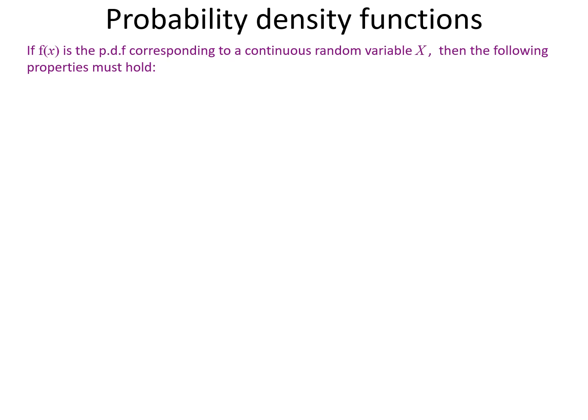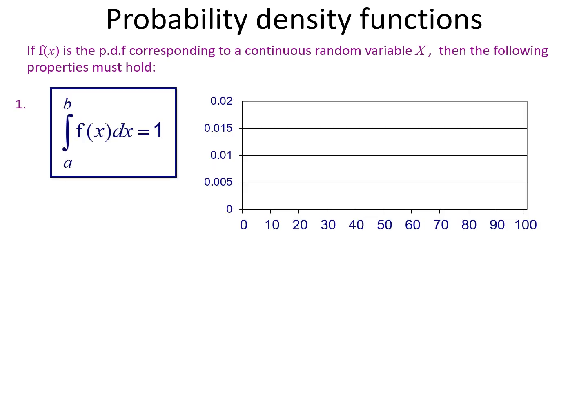Right, if little f of x is a PDF corresponding to a continuous random variable x, then the following probabilities must hold. Remember, we're talking about probabilities, so they will all add up to 1.